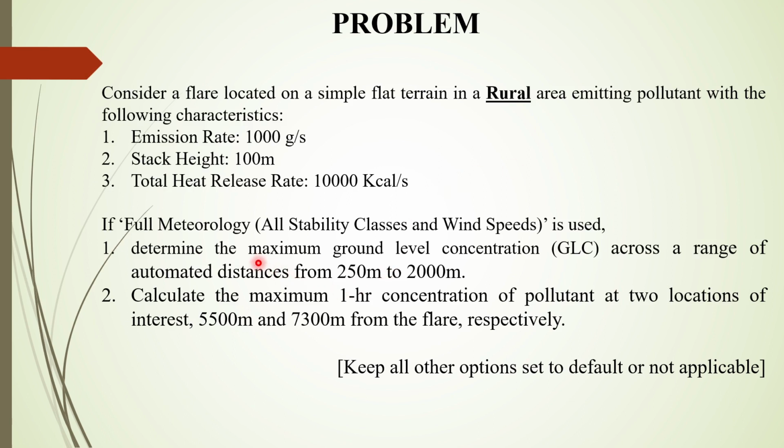So the first question is about the automated distances and the second portion of the question is about the discrete distances. Now we're going to solve this problem from screen view.